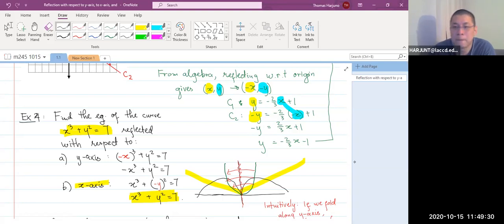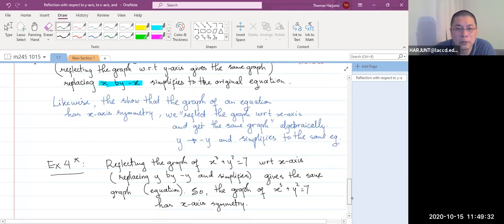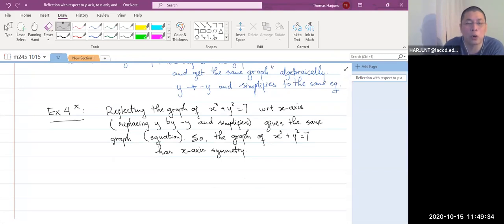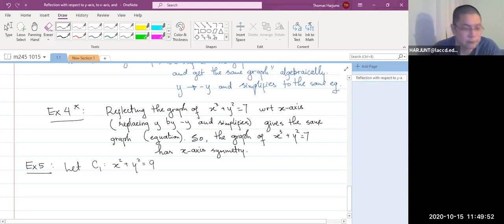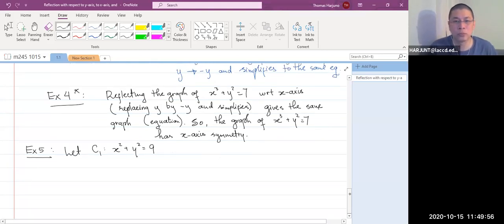Now let's do one example that we know for sure has all three symmetries. Example 5. Let the curve be x squared plus y squared equals 9. What is this? This is the equation of what?